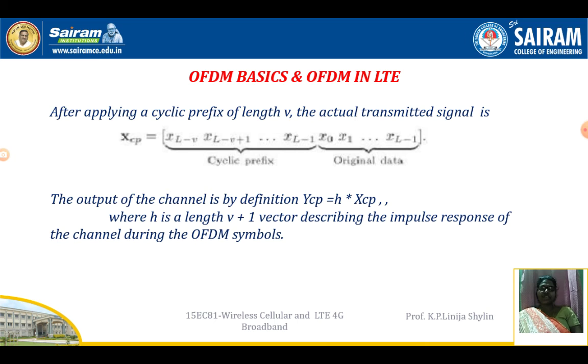Here, what is H? Everybody will have a question about the factor called H. This is the vector of length v plus 1 which describes the impulse response of the channel during the OFDM symbols.